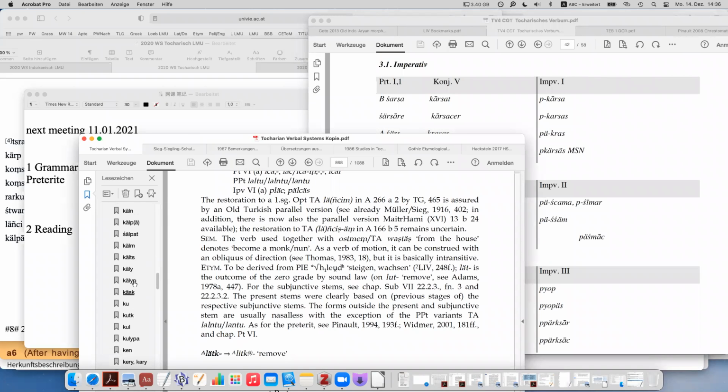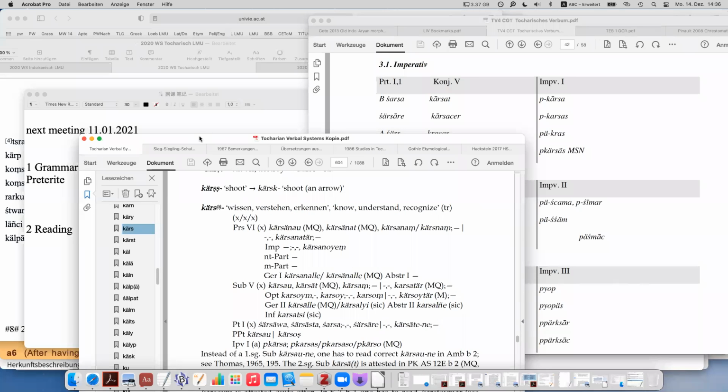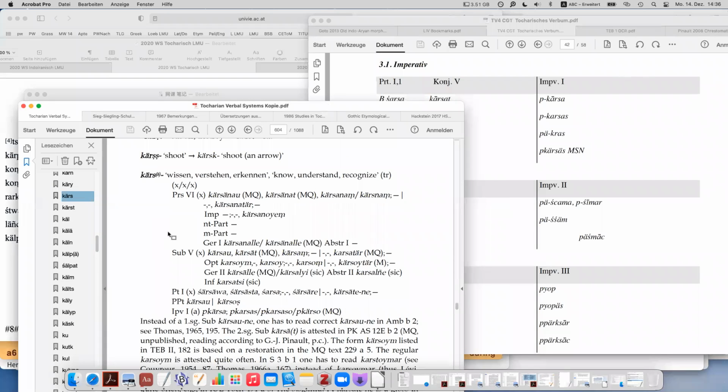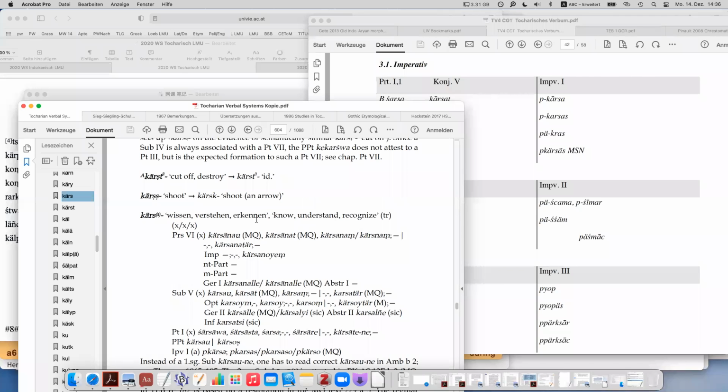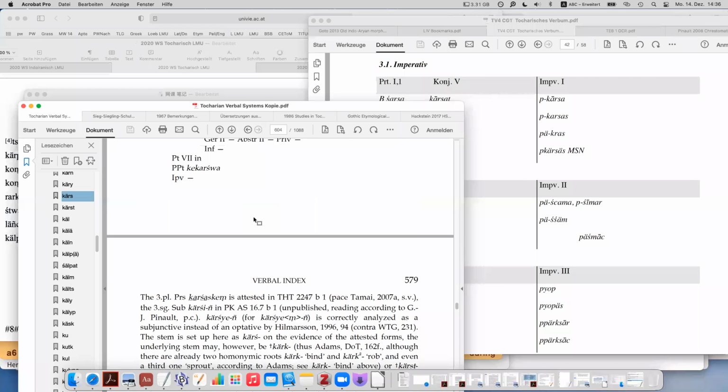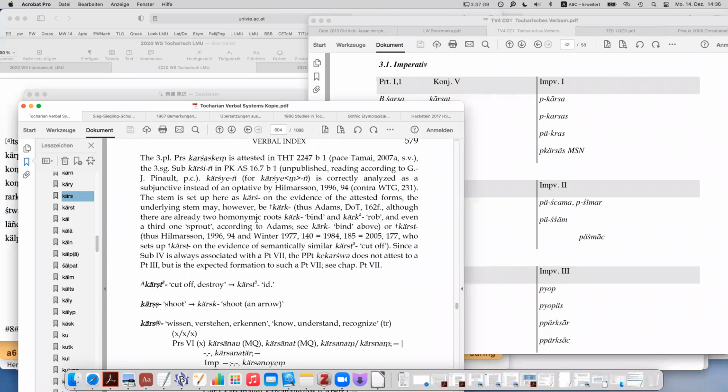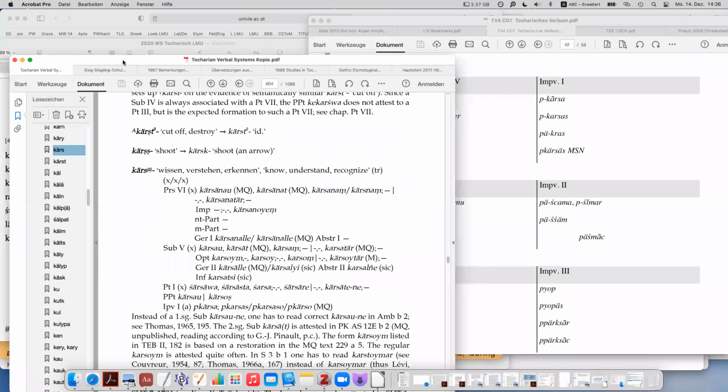So, very interestingly, the root for know is actually etymologically connected with the root for cut.